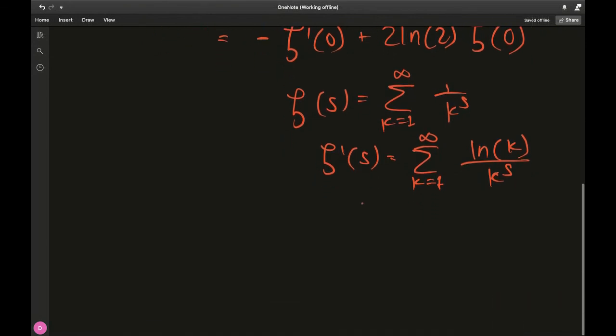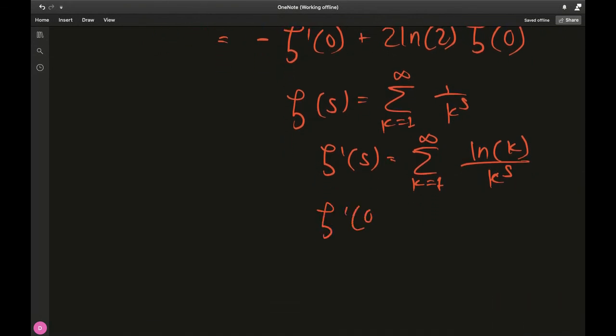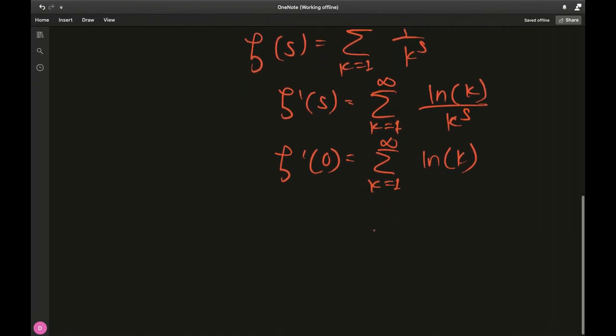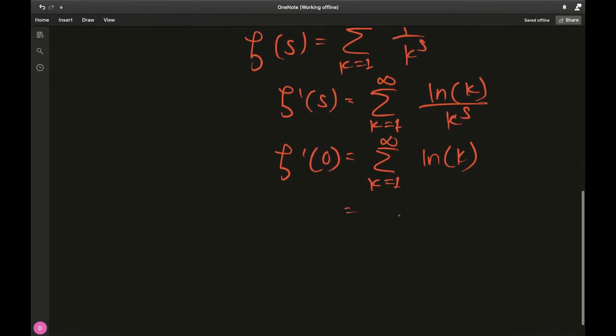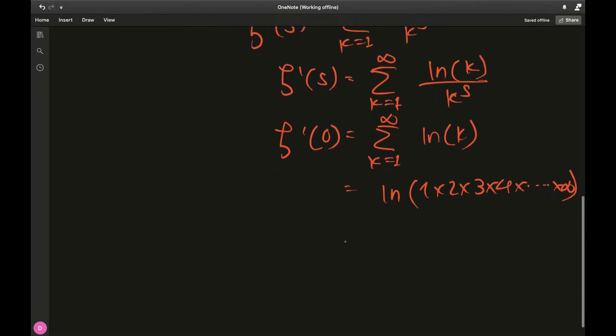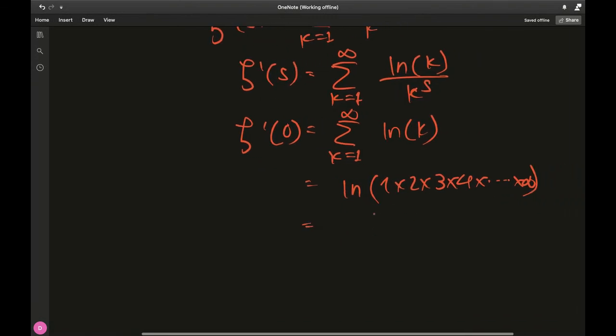And when you plug in 0 for s, you just have the sum from k equals 1 to infinity of, well, k to the 0 is 1, so we just have natural log of k. And summing natural logs like this enables us to take a product, so natural log of 1 times 2 times 3 times 4 till infinity. Although this is divergent, in terms of analytic continuation and zeta regularization, we can actually assign a value to this.